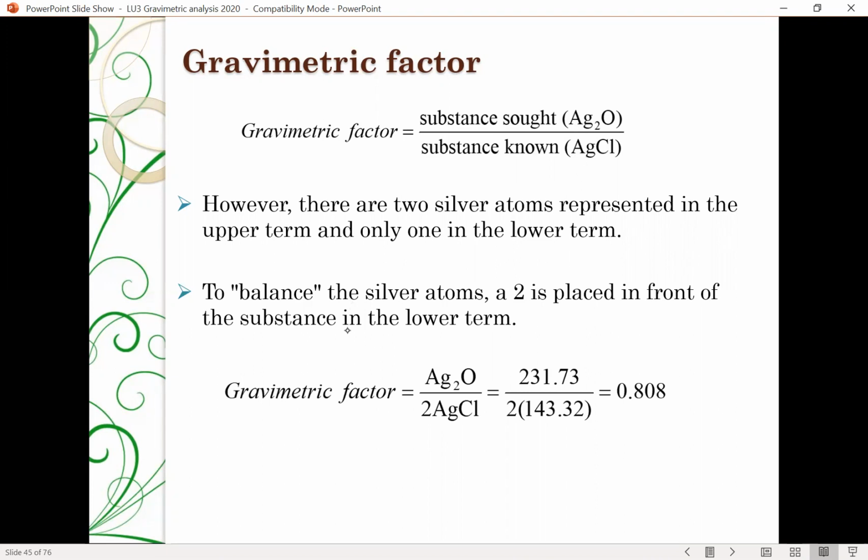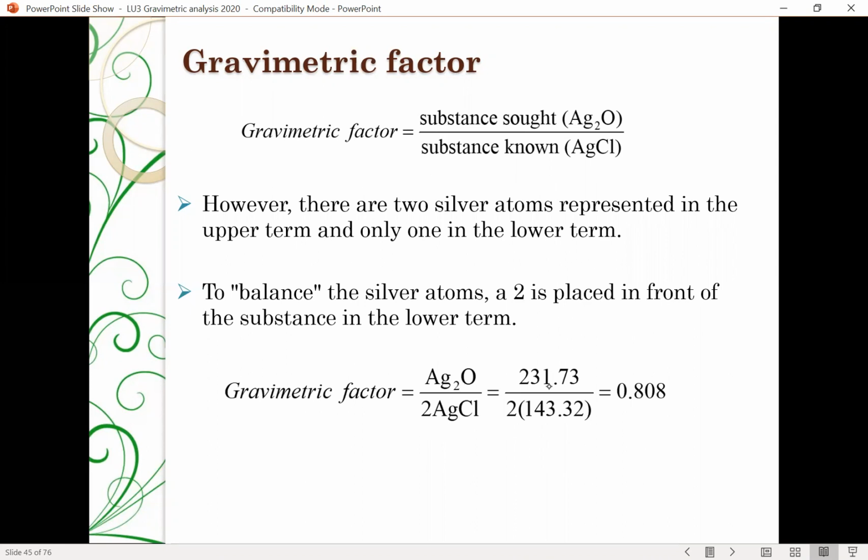So to balance the silver atom, a 2 is placed in front of the substance in the lower term. So here, after you put 2 in front of AgCl, you will have Ag2O and also 2 AgCl, meaning that you have 2 Ag in each term.